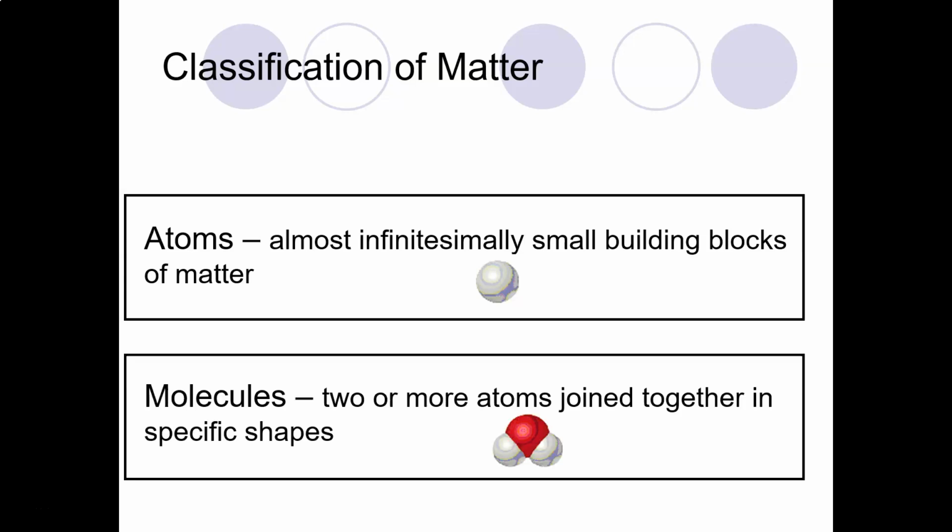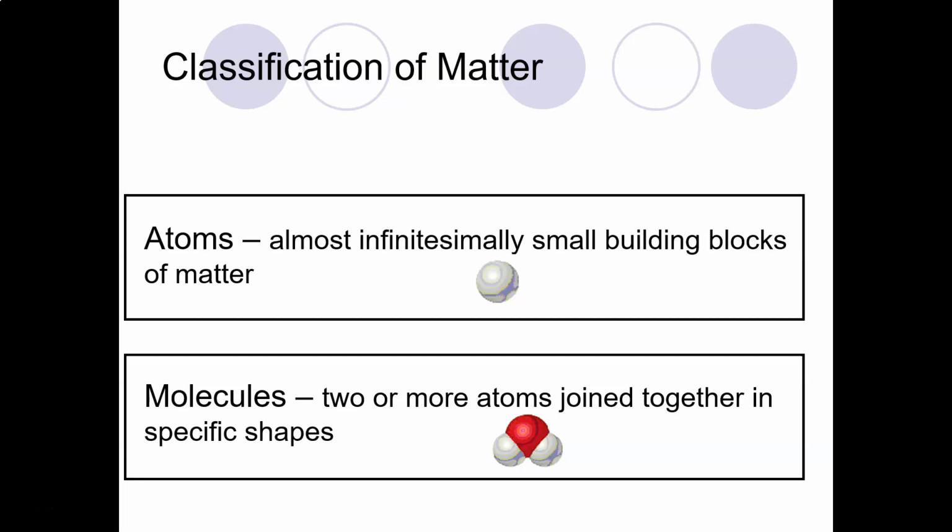Okay. And molecules are when we have two or more atoms joined together, bonded together, stuck together, smushed together. At this point in the semester, however you want to explain that. So an atom is going to be represented visually for us by a sphere, and molecules are going to be multiple spheres smushed together.